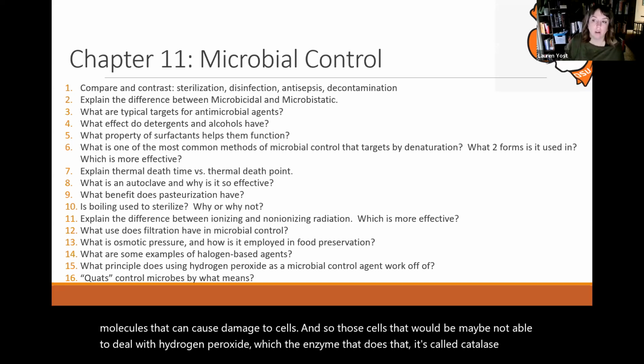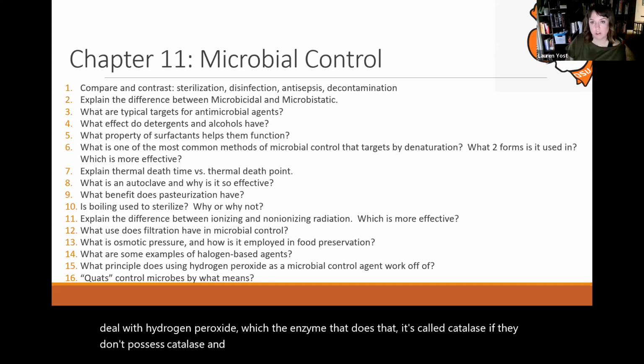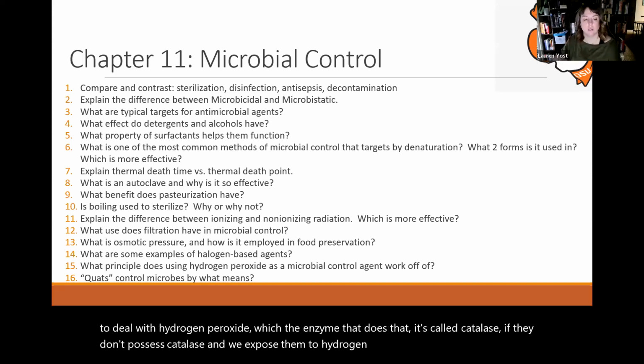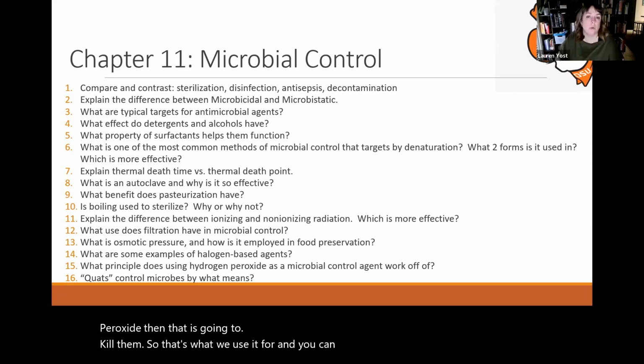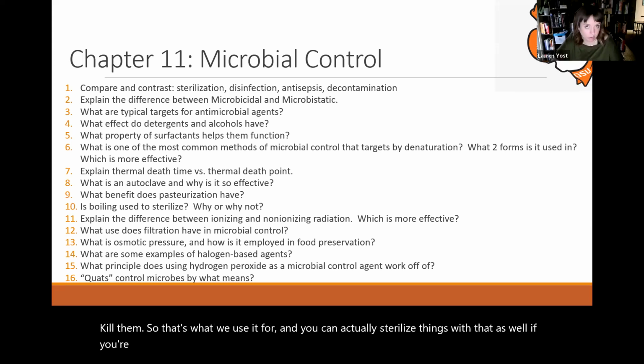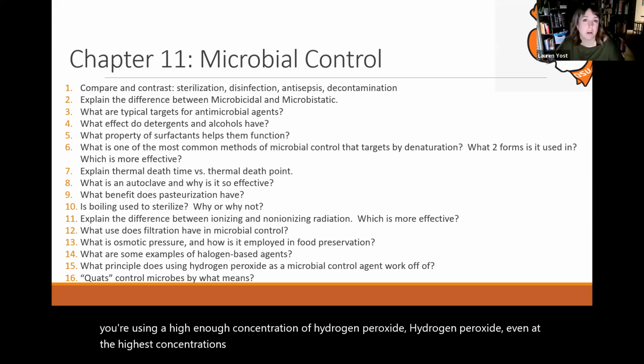If they don't possess catalase and we expose them to hydrogen peroxide, then that is going to kill them. So that's what we use that for. And you can actually sterilize things with that as well if you're using a high enough concentration of hydrogen peroxide. Hydrogen peroxide, even at the highest concentrations, will kill just about anything, no matter how much catalase you're producing.